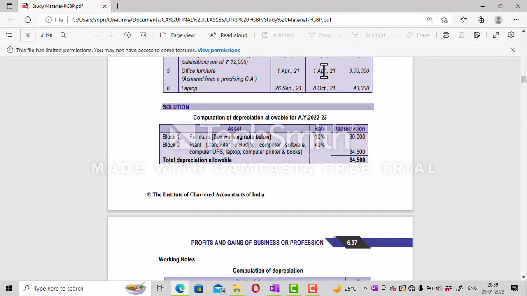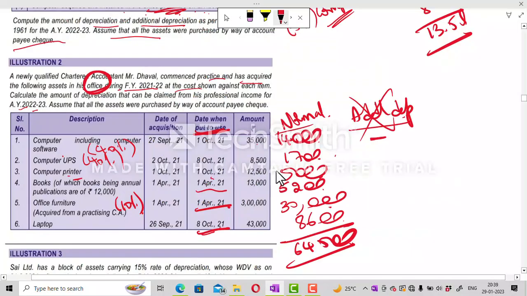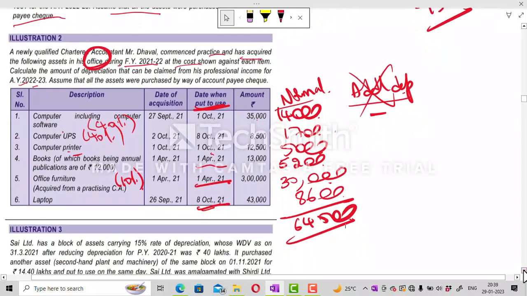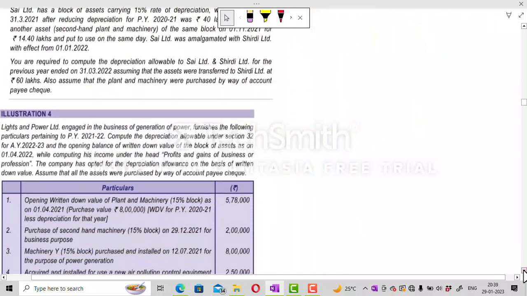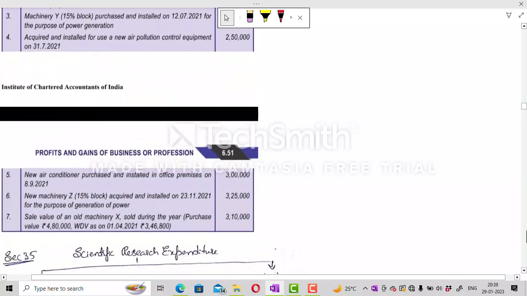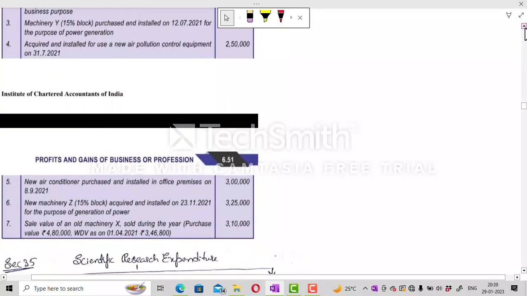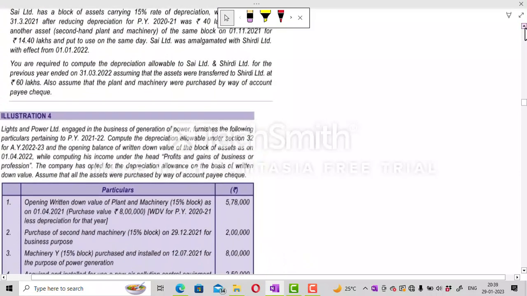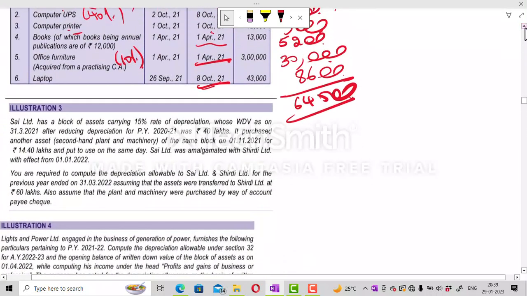See here. Okay. Now coming to the next question. Two more questions were there relating to depreciation.